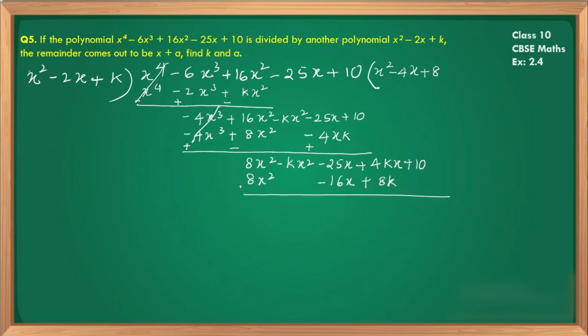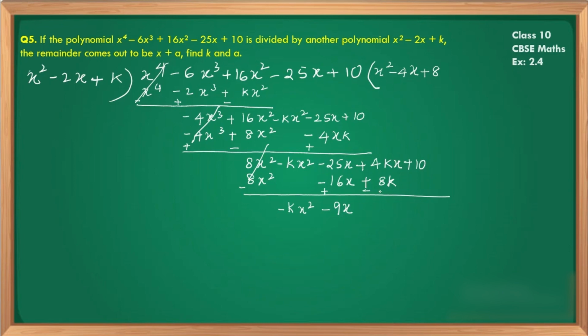Now as we know, this plus becomes minus, here this minus becomes plus, and this plus becomes minus. Why we write this? Just to see that we don't go wrong. Now this gets cancelled. Here we write down minus kx square, and here we can take the difference, and that becomes minus 9x, because 25 is bigger number and that has minus sign, therefore minus 9x is what we got.